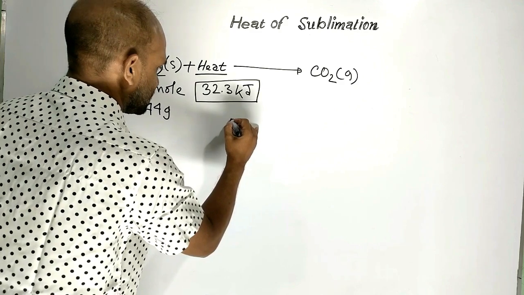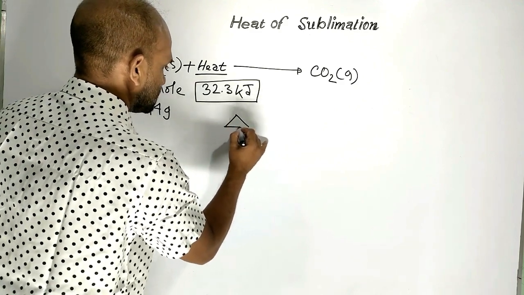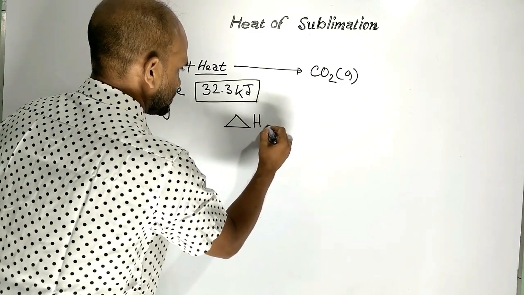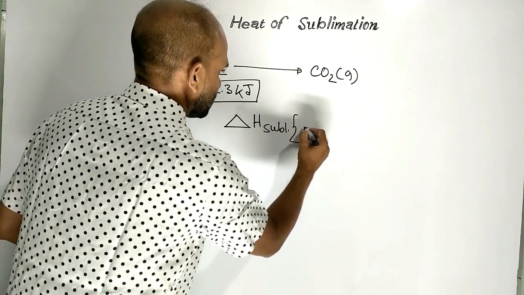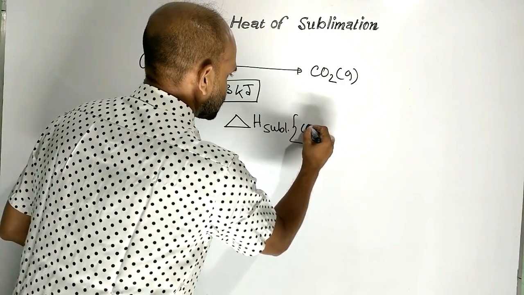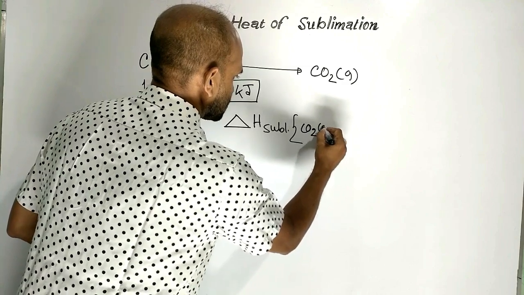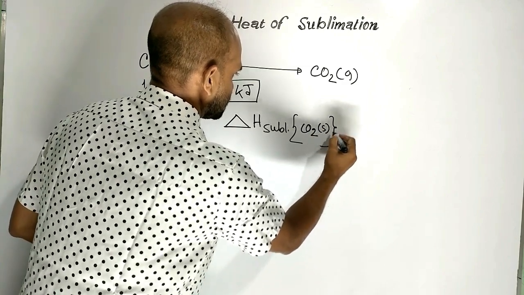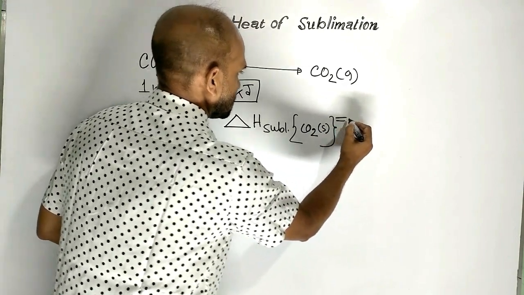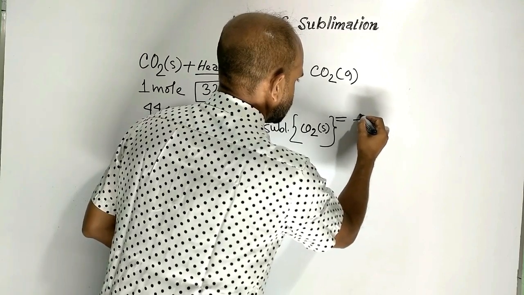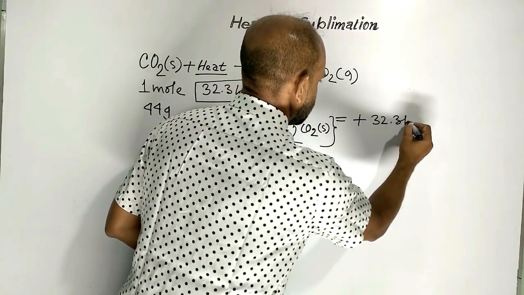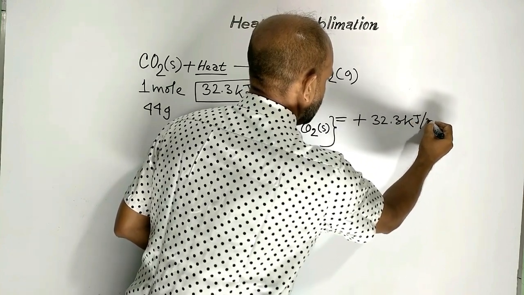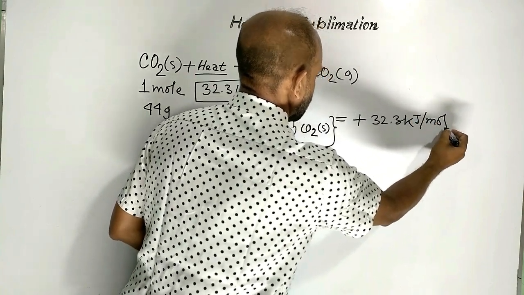Heat of sublimation is denoted by delta H sublimation. For carbon dioxide solid, that is dry ice, the heat of sublimation is positive, 33.3 kilojoule per mole.